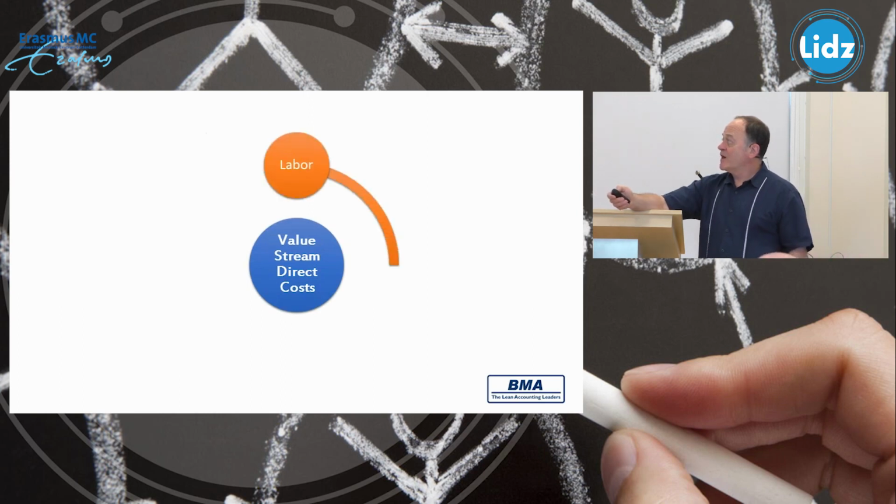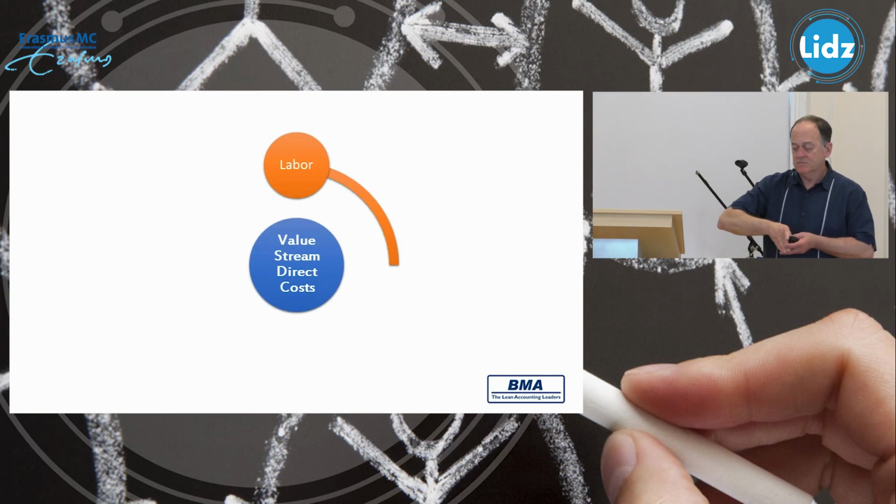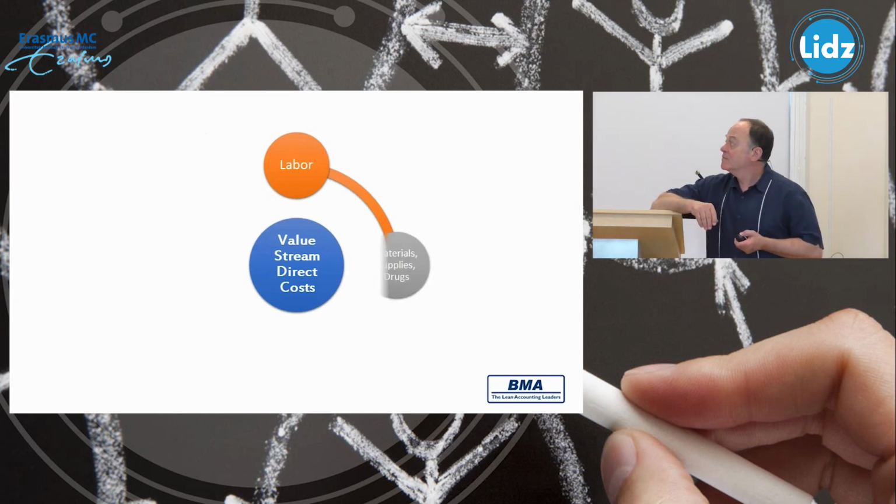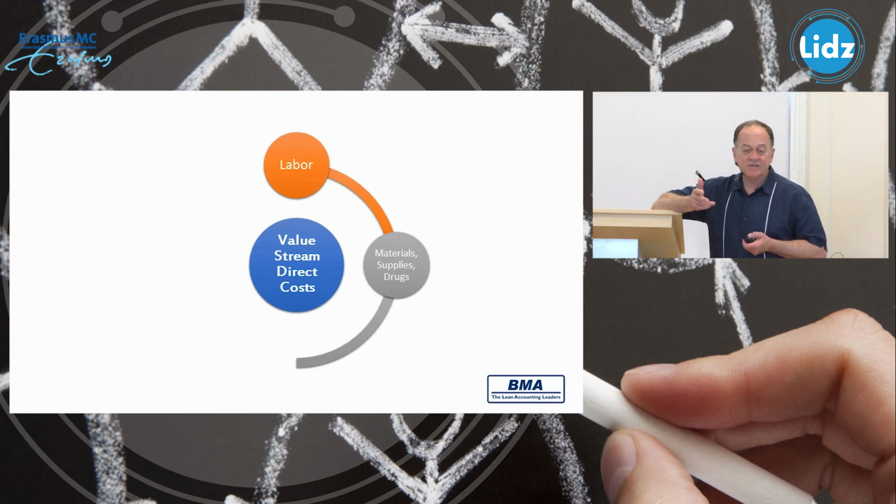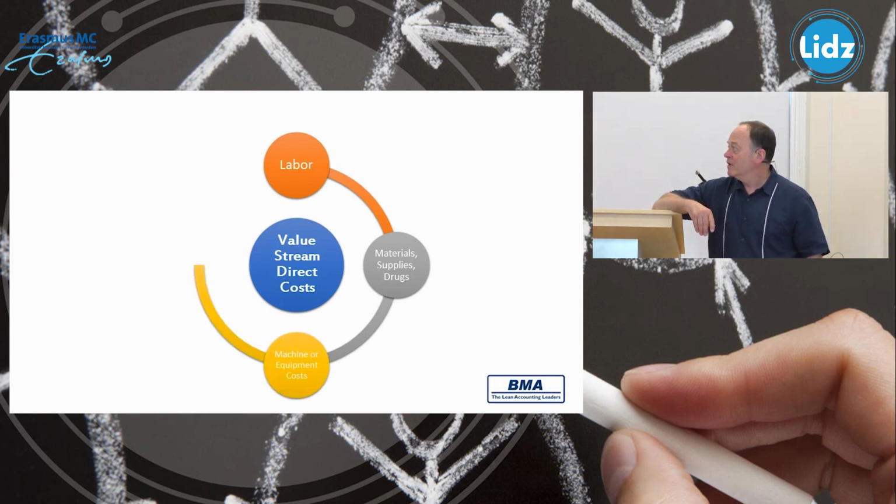Your value stream direct costs are people, materials, drugs, supplies. Now, I realize some drugs and supplies might be shared. I'm going to explain how you charge it into the value stream. Then the costs of the machines and equipment, and then there might be other.